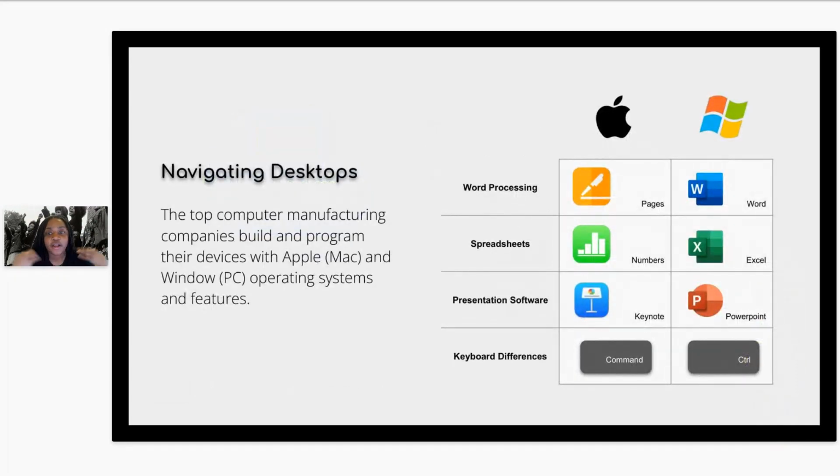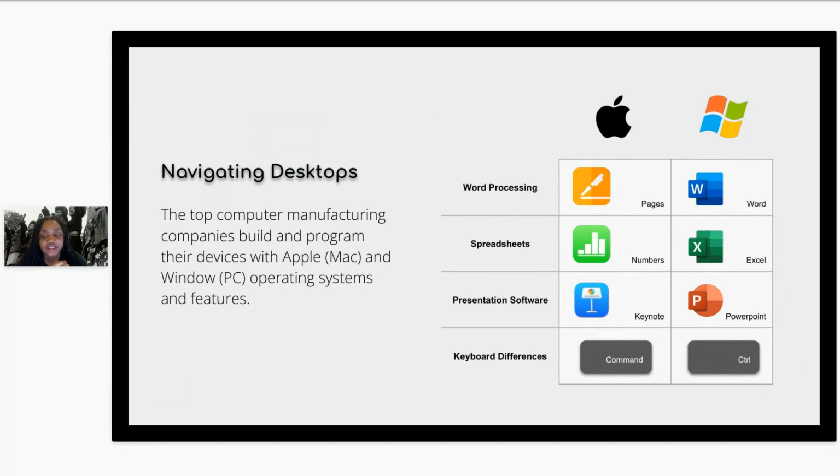The computers that we use are manufactured by a handful of top companies. Those companies build and program those devices to operate on two different primary operating systems. The first being Apple, also known as Macintosh or Mac for short, and Windows.